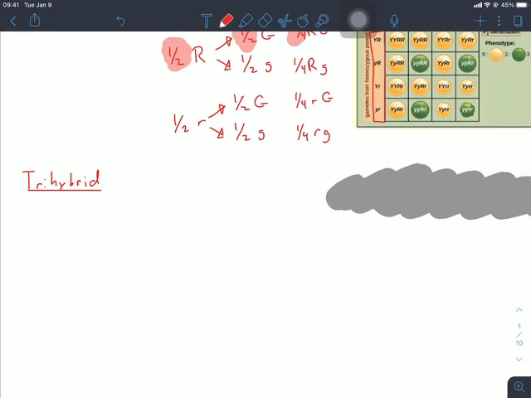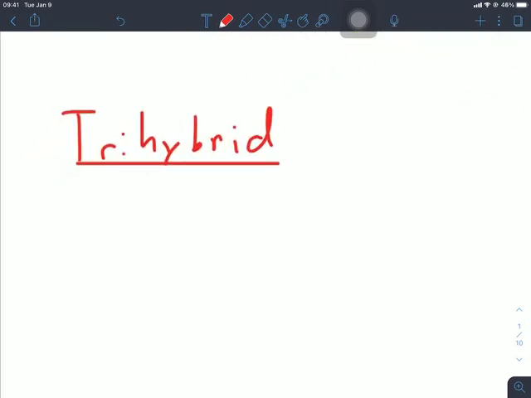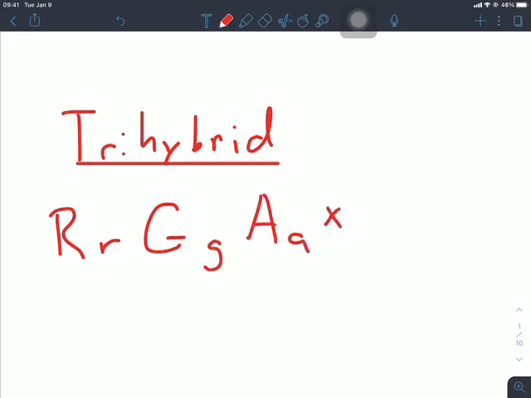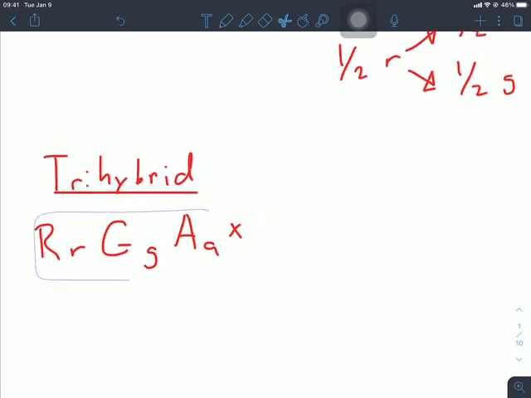trihybrid crosses. So, in our trihybrid cross, we'll expand with another locus. Capital R, lowercase r, capital G, lowercase g, capital A, lowercase a. And let's perform a cross here, where we've got a trihybrid crossing against a trihybrid.